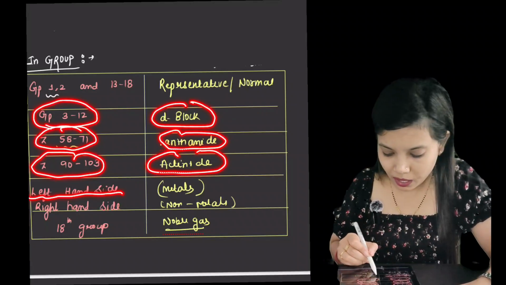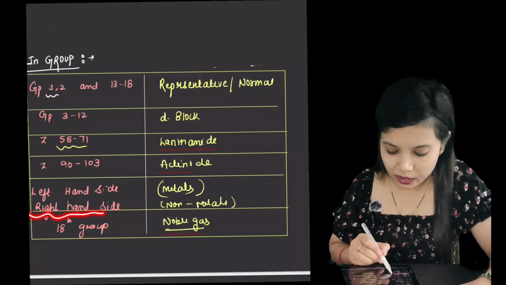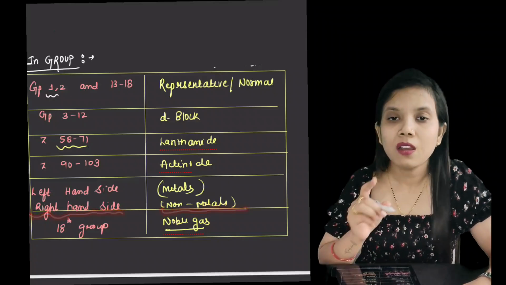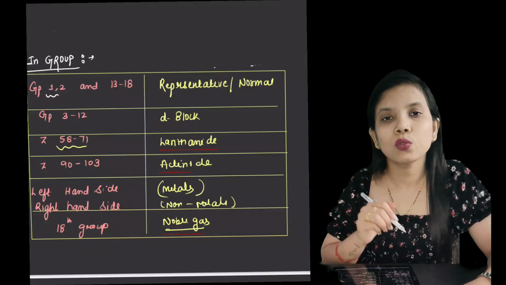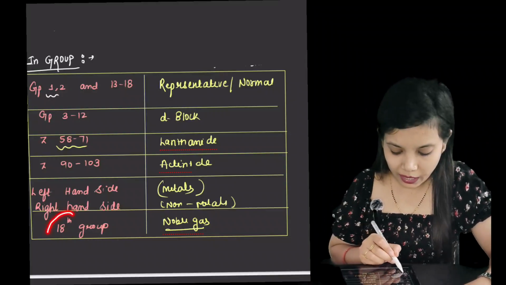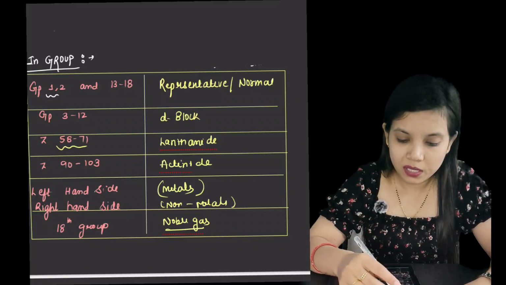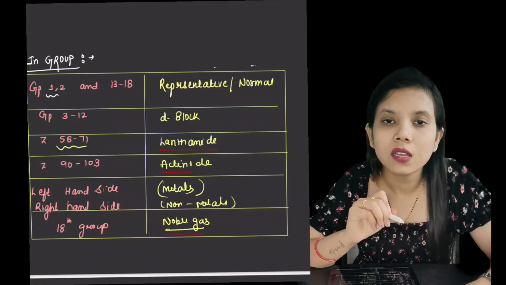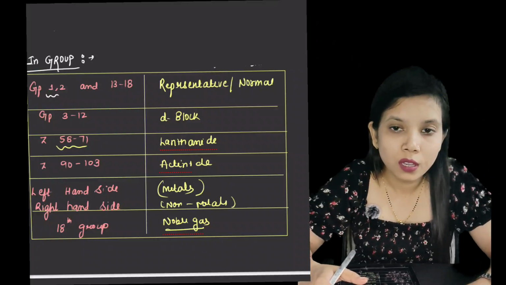Left hand side elements are known as metals, and the right hand side elements are known as non-metals. Why we call them metal and non-metal, we will study when we do the study of periodic properties. The 18th group is known as the noble gas group. The elements present in the 18th group are known as noble gas elements. So this is all about the description of groups.